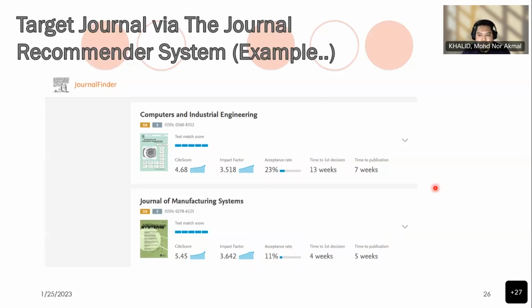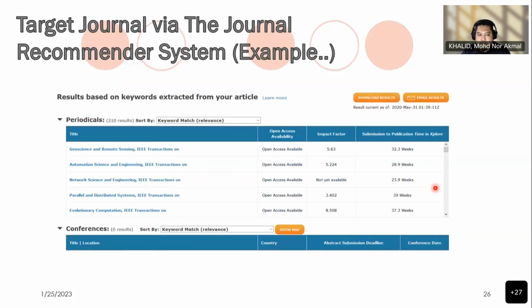Some recommender systems actually provide not only journals but also conferences. They can provide the timing, the date, and so on. So if you're interested to publish in conferences, the IEEE journal recommender also provides conference targets as well.